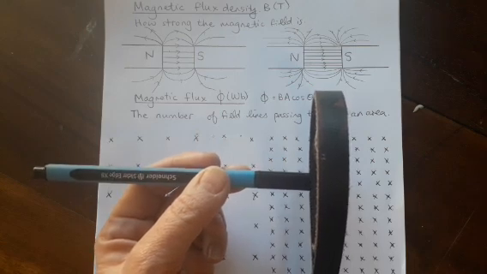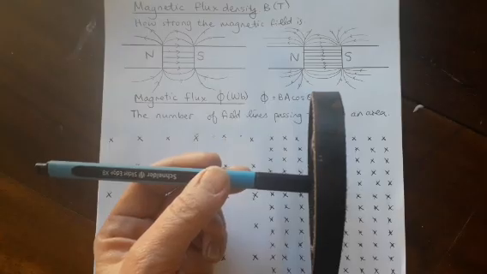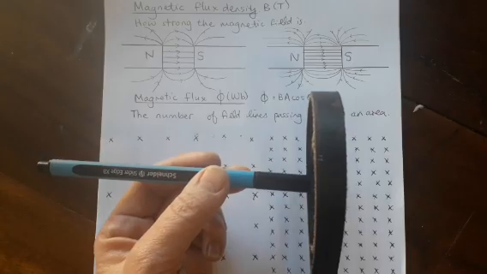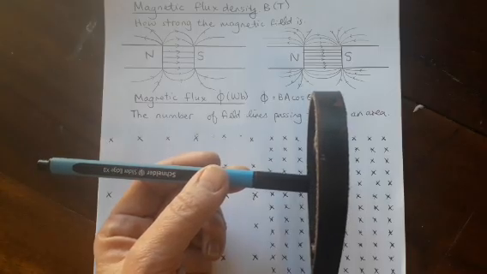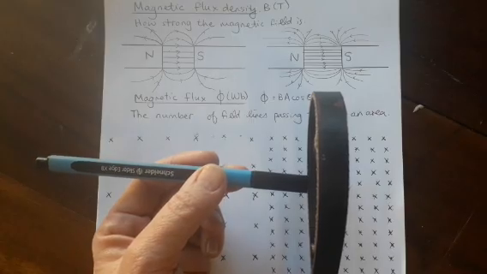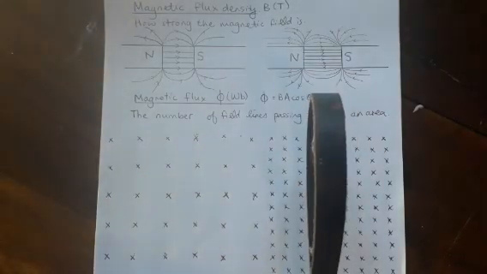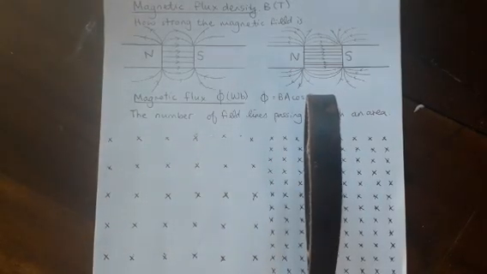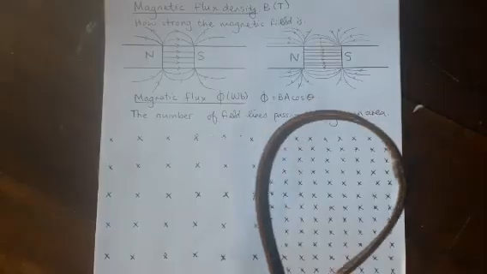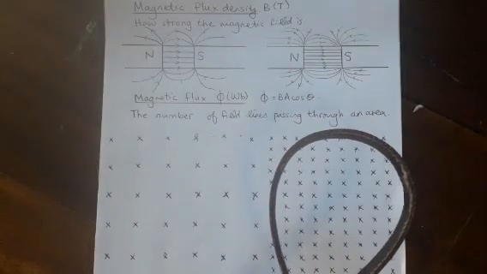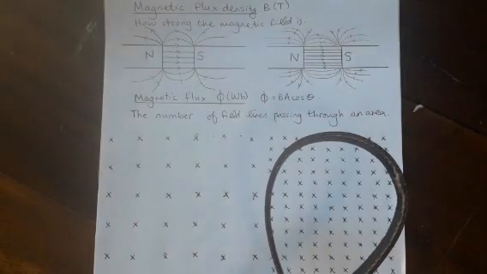I have 0 flux, 0 lines passing through my area. And now the angle between the field lines and the normal is 90 degrees. And cos of 90 is actually 0. So that is why my flux is 0 when my coil is parallel to the field lines. Take it back, now I get my maximum number of field lines, my maximum flux.